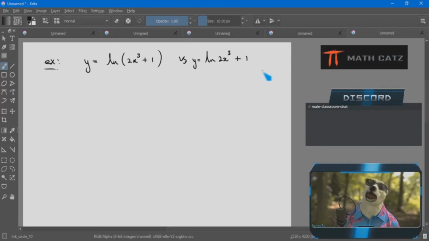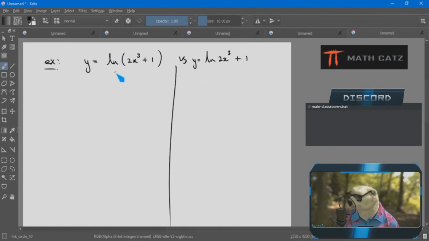If there are no brackets, then after the ln, only the very next term is applied to the logarithm. If more terms should be in the logarithm portion, there need to be brackets. These 2 functions are not the same. Don't be neglectful with your brackets. They are there to make clear what we mean. So these are completely different.